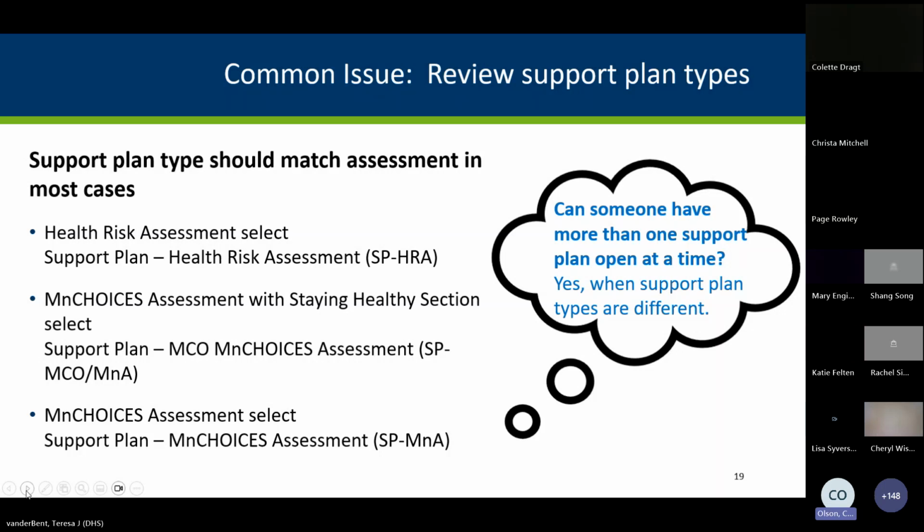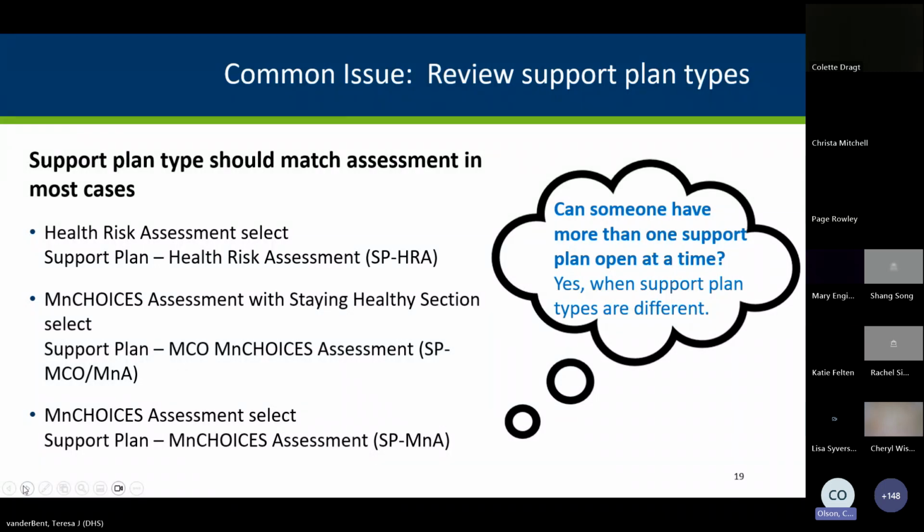A common issue that we see with support plan types here is that the support plan type should match the assessment in most cases. So if your assessment type is a health risk assessment, you should be choosing support plan HRA. If your assessment type is MnCHOICES assessment with a staying healthy section, your support plan should be a support plan MCO MnCHOICES assessment.